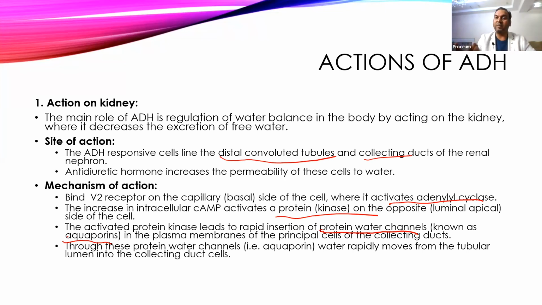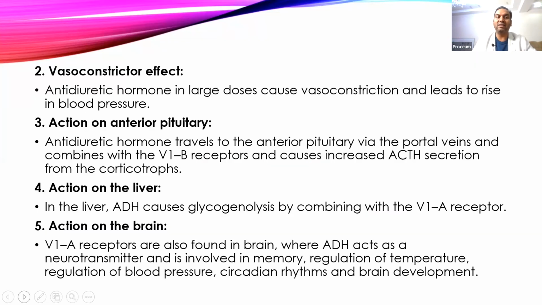Lumen में से सीधा cells में आना चालू करेगा. From the cells, it goes to the interstitial spaces, and this is how it increases water reabsorption. This is free water, nothing to do with sodium. By removing free water from the urine, it increases the osmolarity of the urine, and by adding free water into the plasma, it decreases the osmolarity of the plasma.